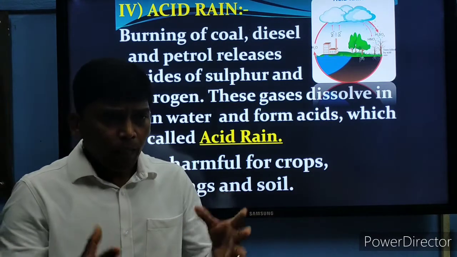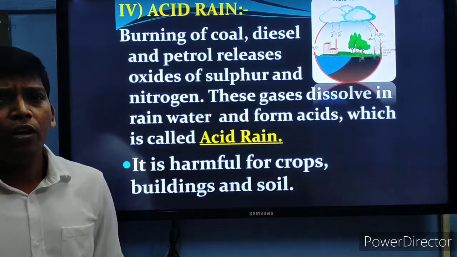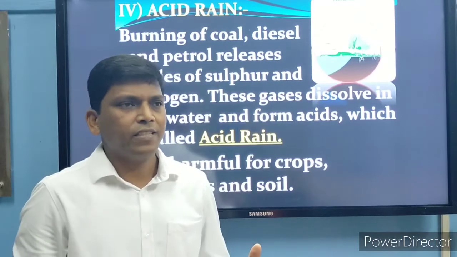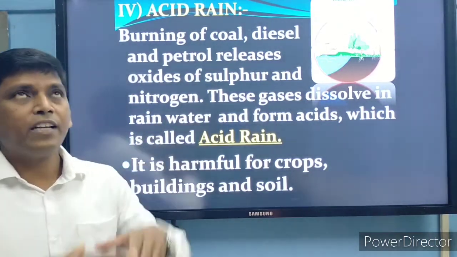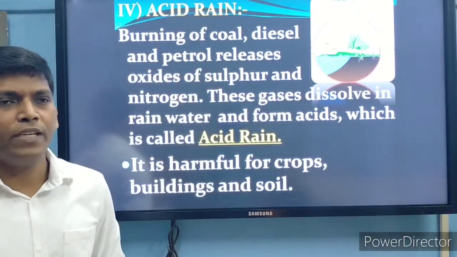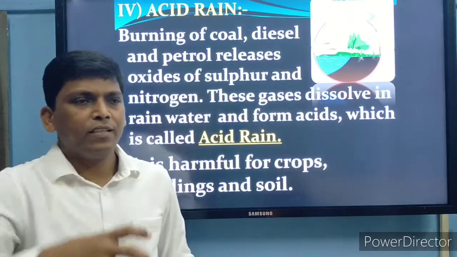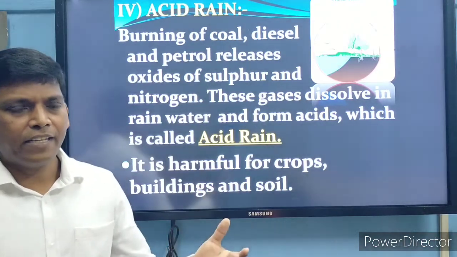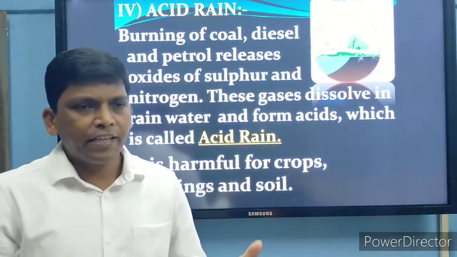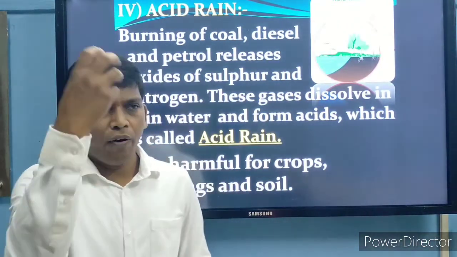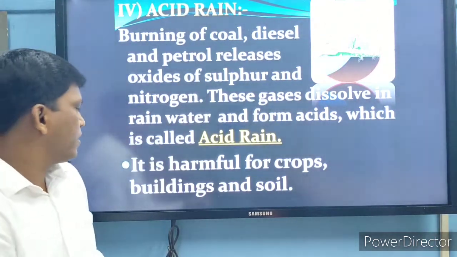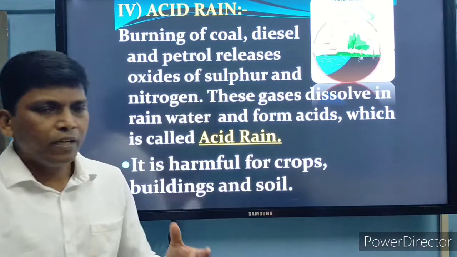From industry, a lot of gases like sulfur dioxide and nitrogen dioxide are released and remain scattered in the atmosphere. When rainwater falls, they combine with rainwater and form acids like nitric acid or sulfuric acid, and they fall as rain. This is called acid rain, and it is very harmful for us.